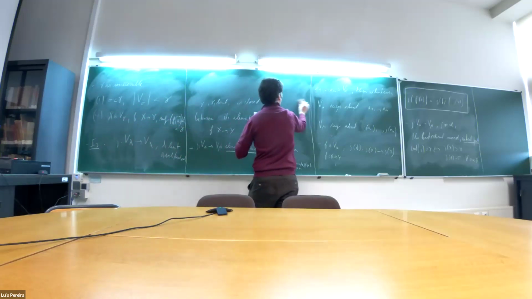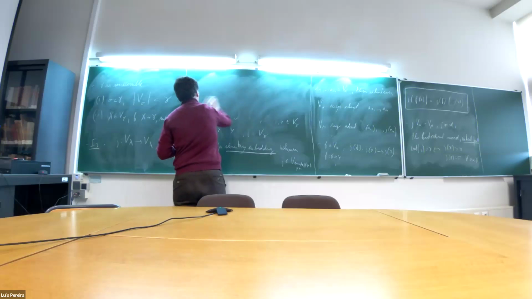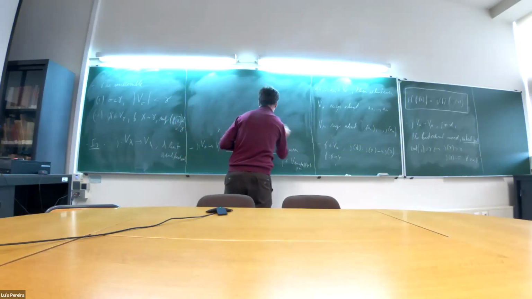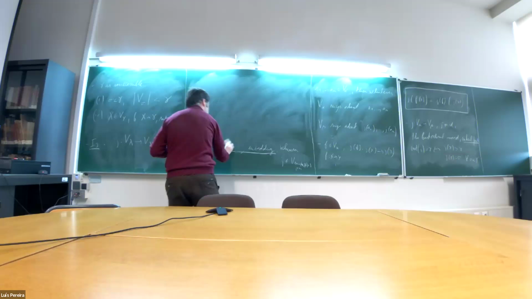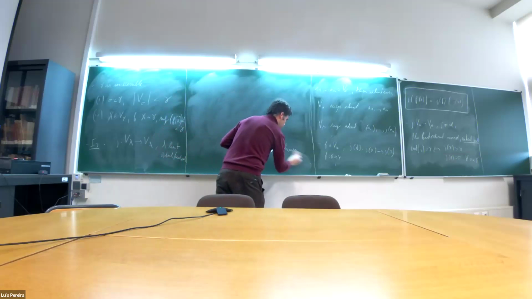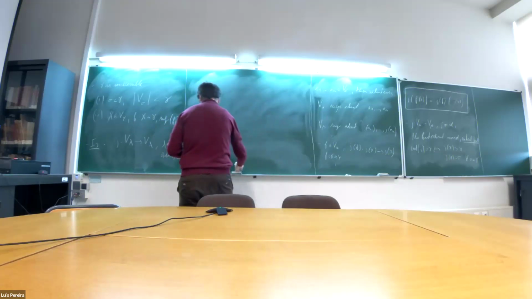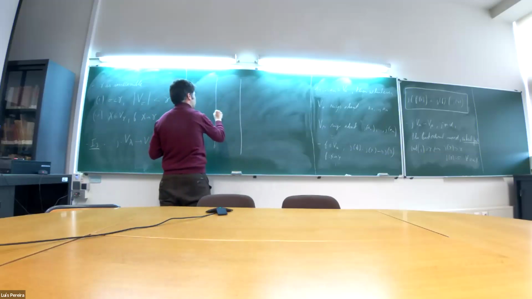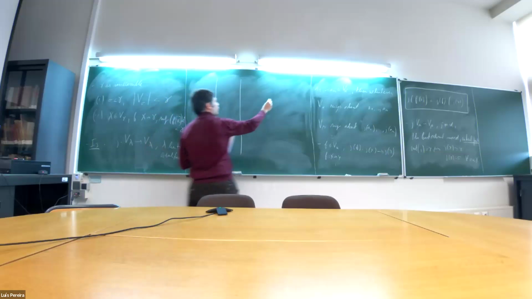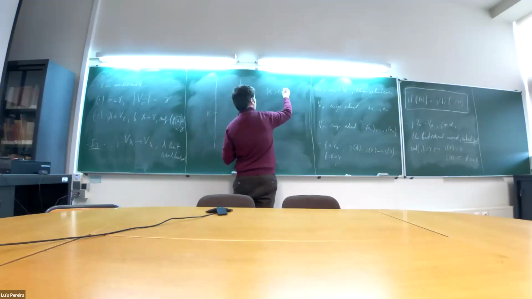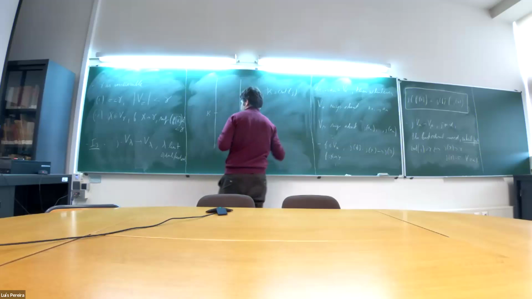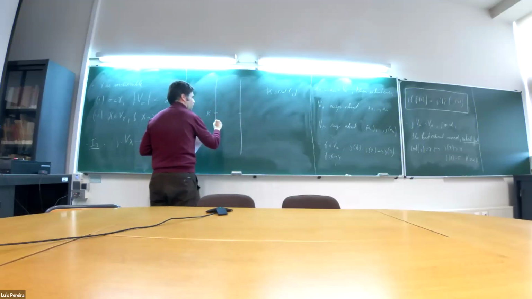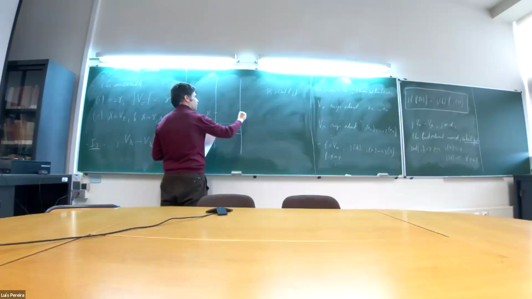And the picture: call kappa the critical point of this J. Then everything below kappa remains the same.